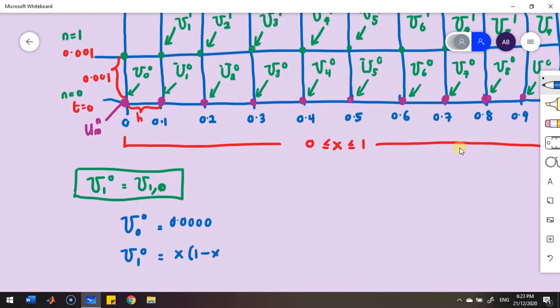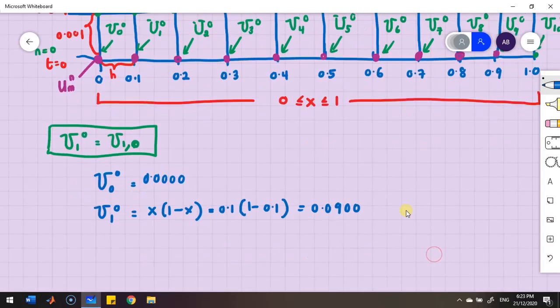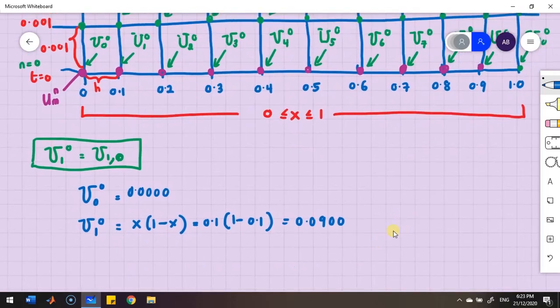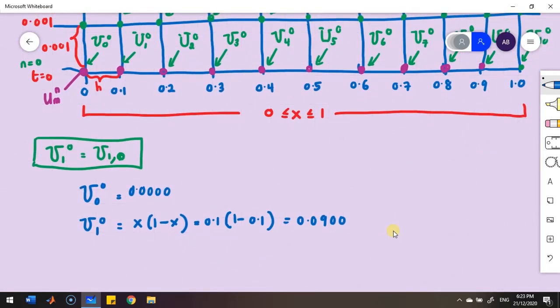But what is my x value here? 0.1. So I have 0.1 times 1 minus 0.1. 1 minus 0.1 is 0.9. 0.9 times 0.1 is 0.0900. So you can see the pattern here. This is from the initial condition, and the rest is also from the initial condition.